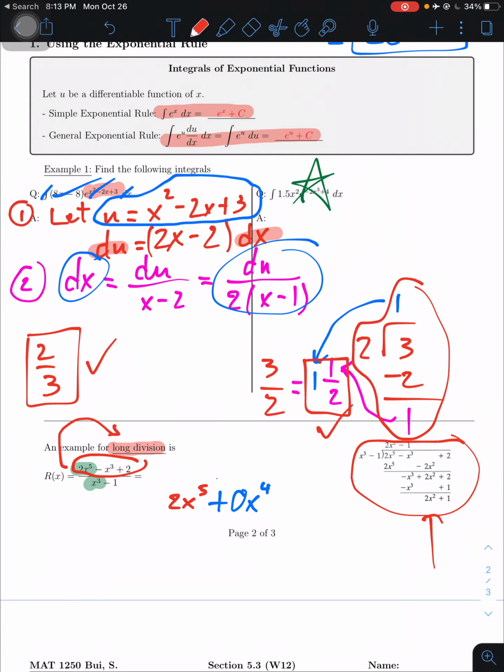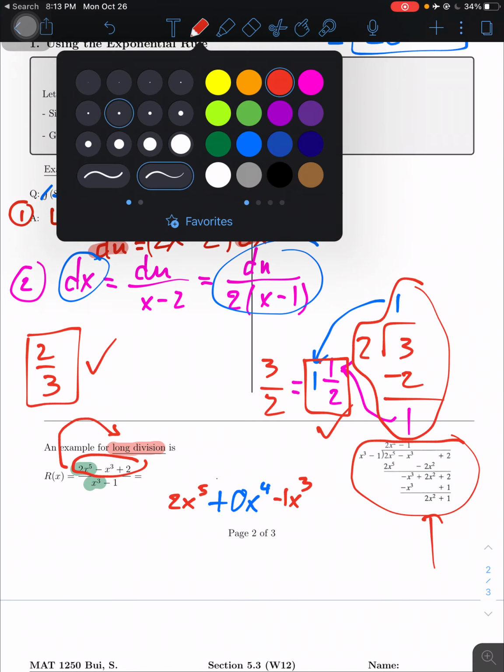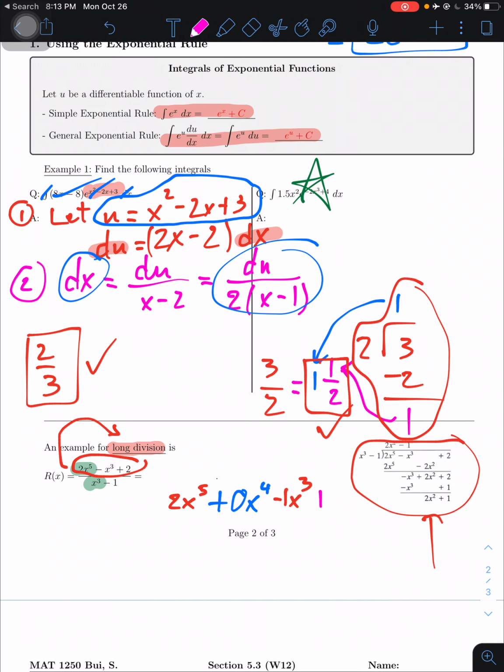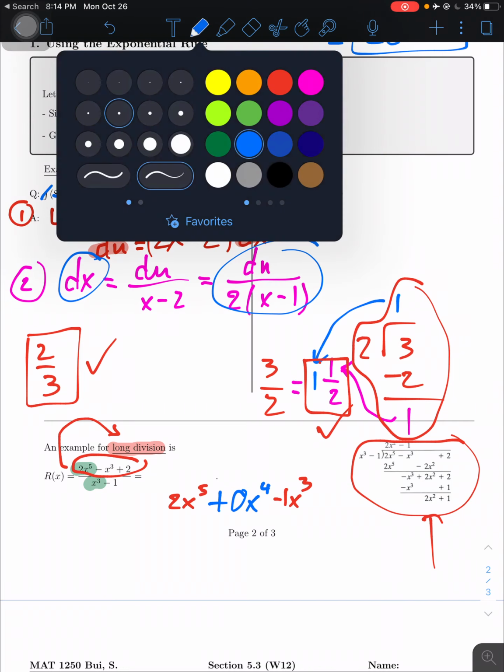And in terms of x cubed, I have 1x cubed, or just x cubed if you want to write it down. It doesn't really matter if you write the 1 or not. Next, I don't have an x squared term, so let me write plus 0x squared in blue.